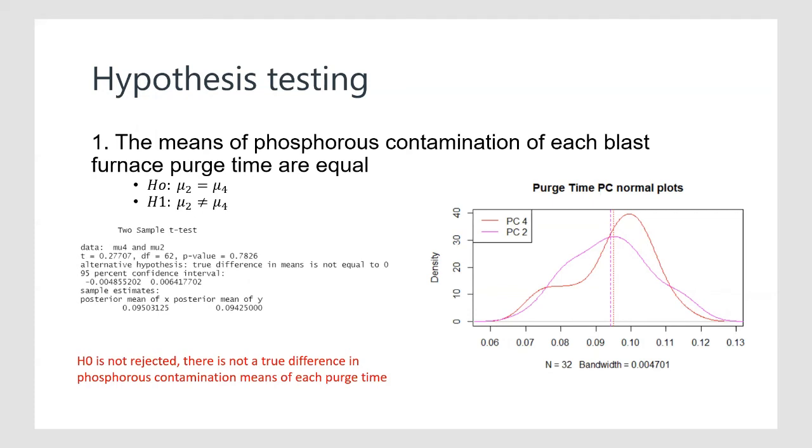That means that the null hypothesis is not rejected, so there's no true difference in phosphorus contamination means for each purge time. And graphically, we can see it in the normal plot presented in the right section, and we can see that the dotted lines are the means for time 4 and for time 2 of phosphorus contamination, and they are very close.